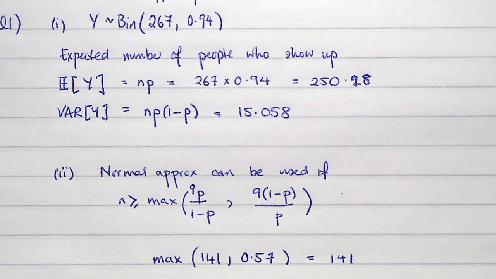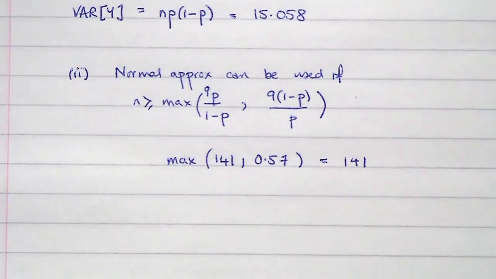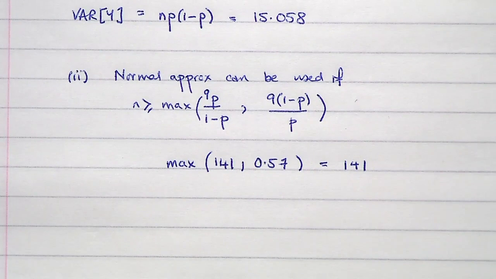So on the right hand side there, I'm going to have 141, because 9 times 0.94 divided by the 6% is going to give me 141, and that's definitely bigger than the other ratio. So 141. Now there was 267 people in my sample.